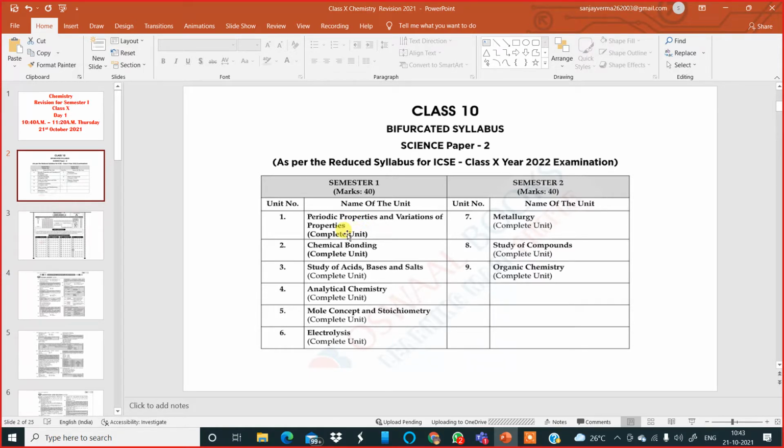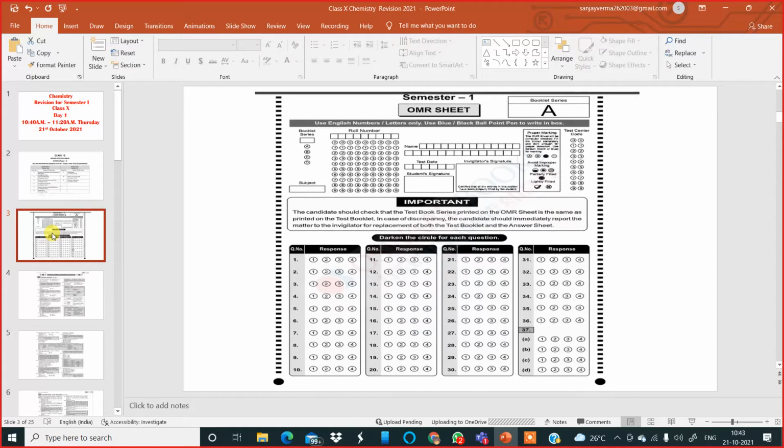Now, you must have heard that semester 1 has been slightly postponed. Yes or no? Yes, sir. Now, for your semester 1 examination, if you look at the screen carefully, you'll have to answer your questions in an OMR sheet like the one on the screen.